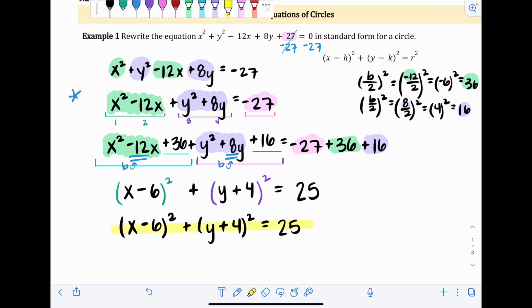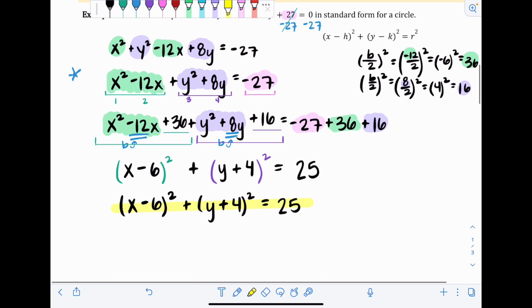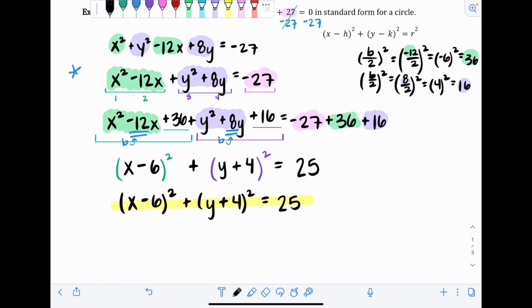And then now I just want to go ahead and state what the center and the radius are. So remember, the center of the circle is supposed to be the point h, k. So if I want to figure out what h is, that's in the parentheses with the x. It's x minus h. So since I have an x minus 6, h is going to be 6. So the first coordinate in my point is going to be a 6.